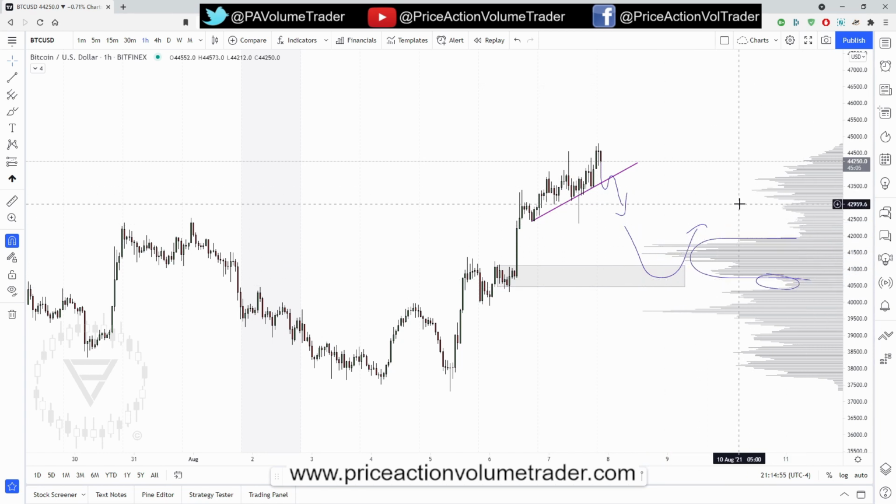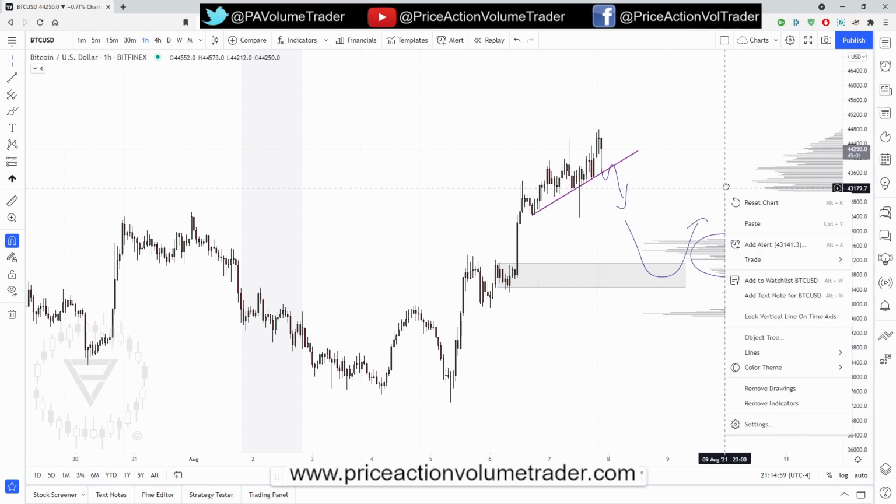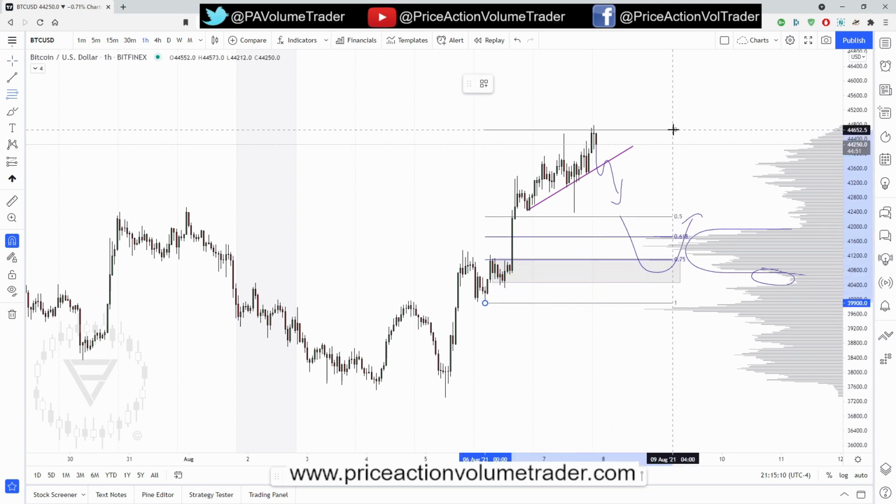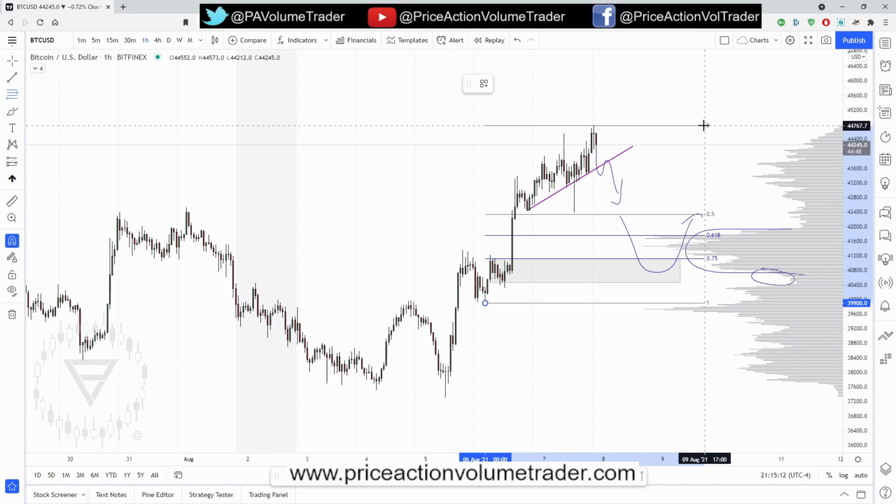So the way I would play it is I would use volume profile in conjunction with gap fills to look for my entries. If I want even another confluence, I can just put a Fibonacci.